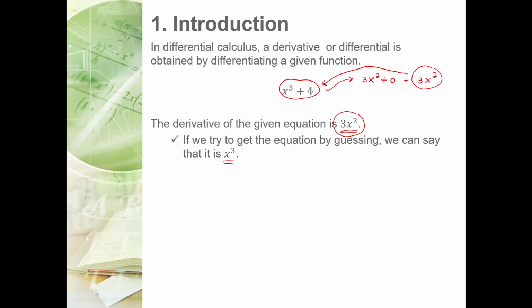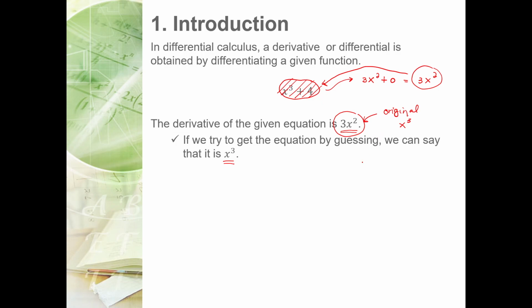What I mean here is, for example, if you are only given 3x squared, you're not given x cubed plus 4, you don't know that the original equation is x cubed plus 4, and you want to guess the original equation of this derivative. By guessing, we can just say that the equation it came from is x cubed, and the original equation is x cubed plus 4.